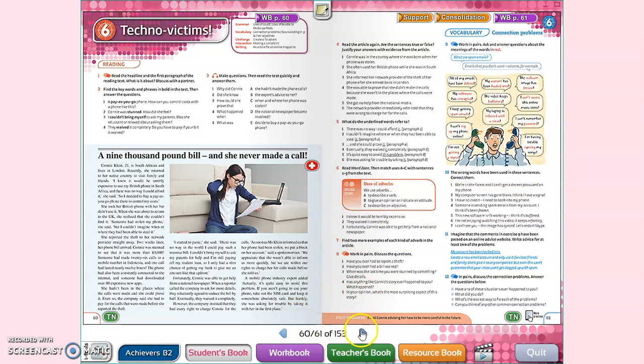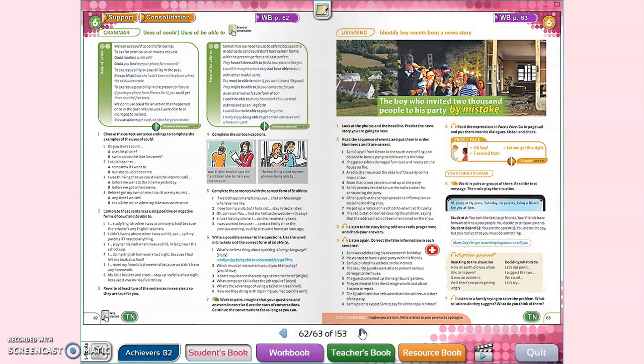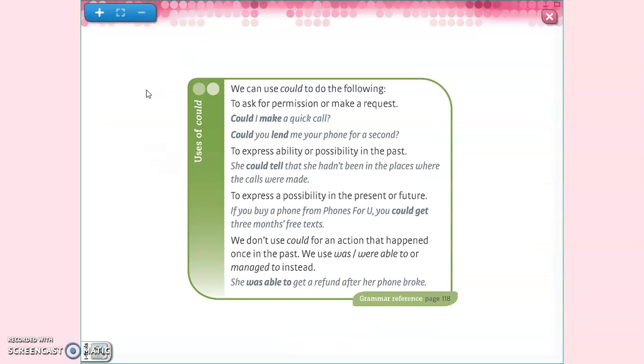So today we are going to go on to page number 62 to talk about the grammar. So let's read the grammar very quickly, and then we are going to practice. So the uses of could.